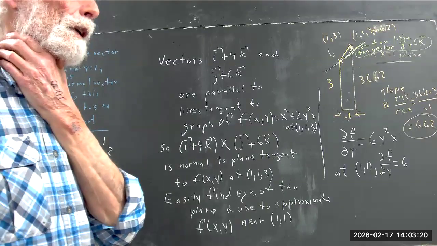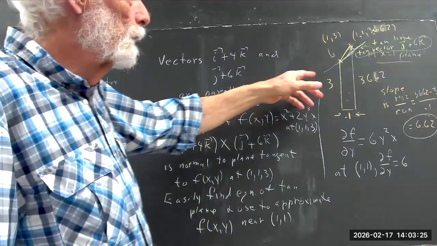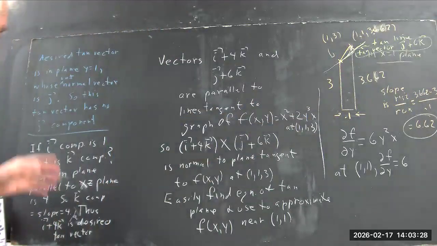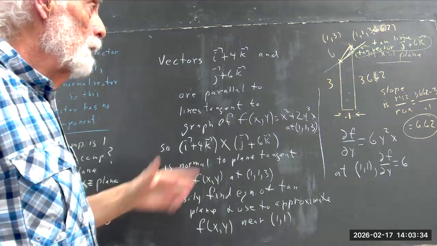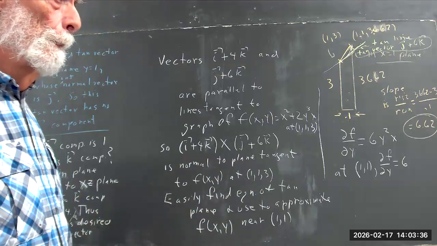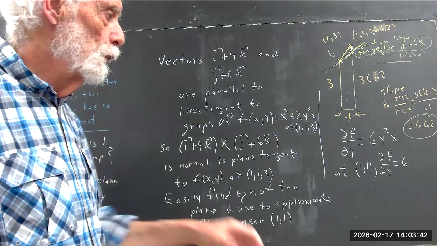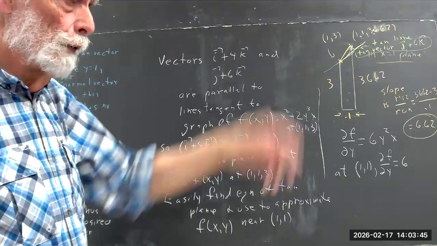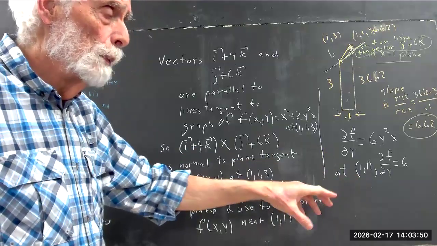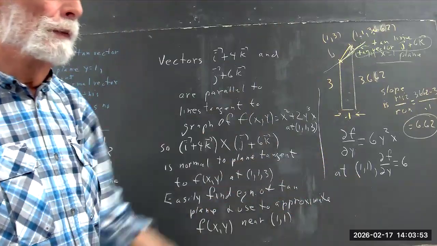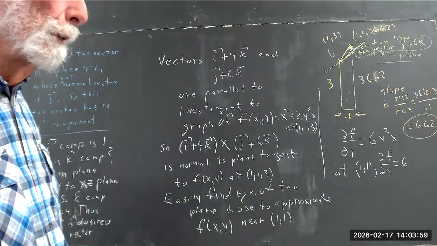So, we've got some stuff here about lines and planes. You should probably, just as an exercise, find the equation of the line that we got in the xz plane, or parallel to the xz plane. And find the equation of this plane here. And maybe even verify that it gives you a good approximation to the value of the function, let's say, at the point (x, y) equals (1.03, 1.07), or (0.96, 1.3), whatever.